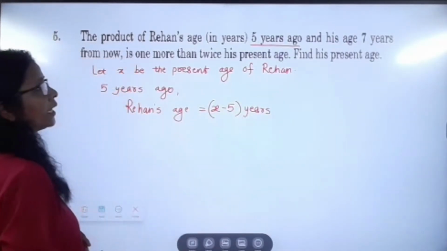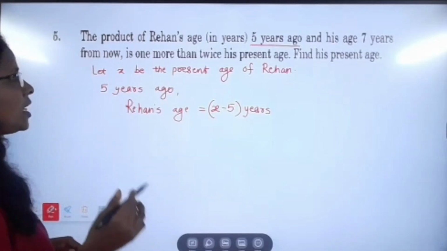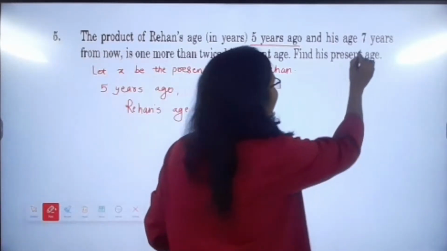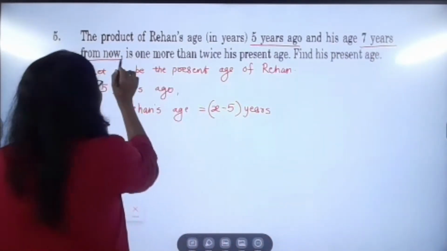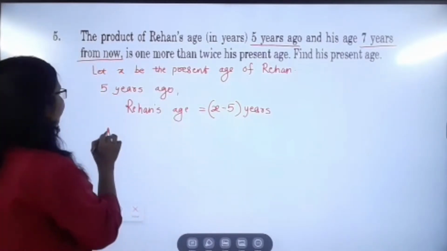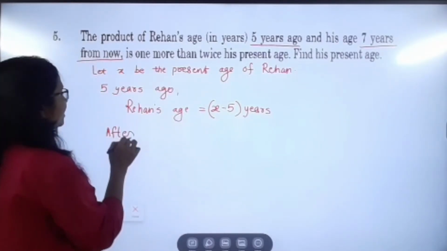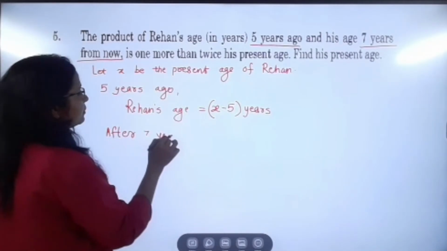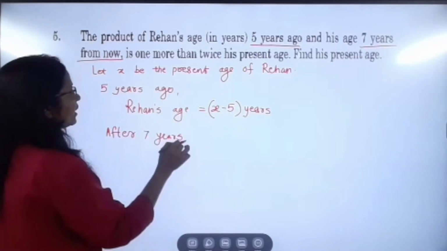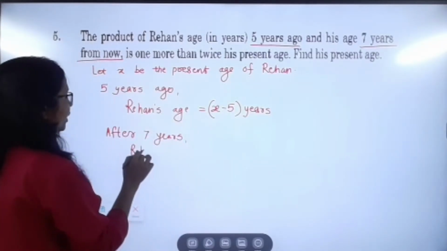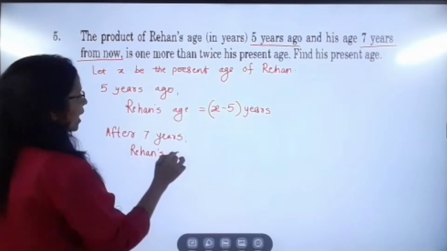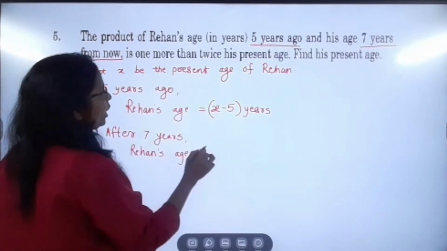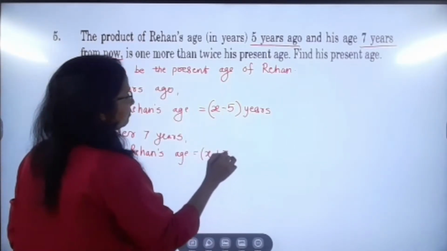Then next one, his age 7 years from now. So that means after 7 years, Rehan's age is equal to x plus 7.